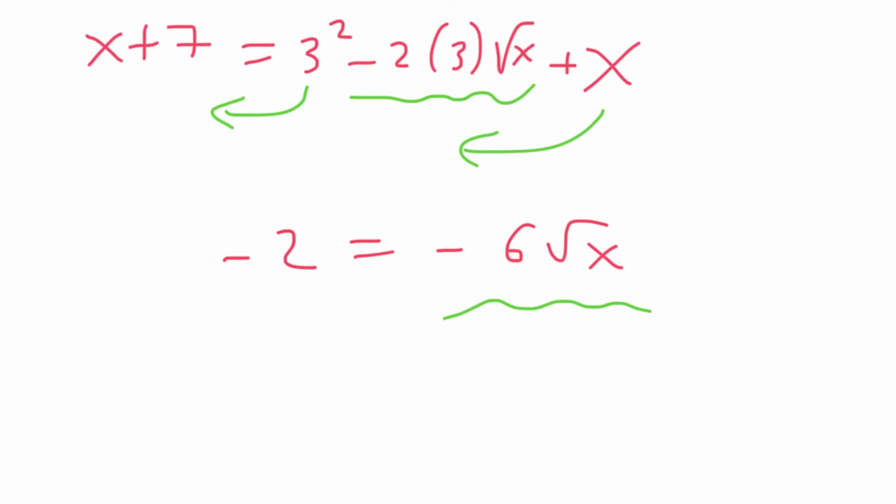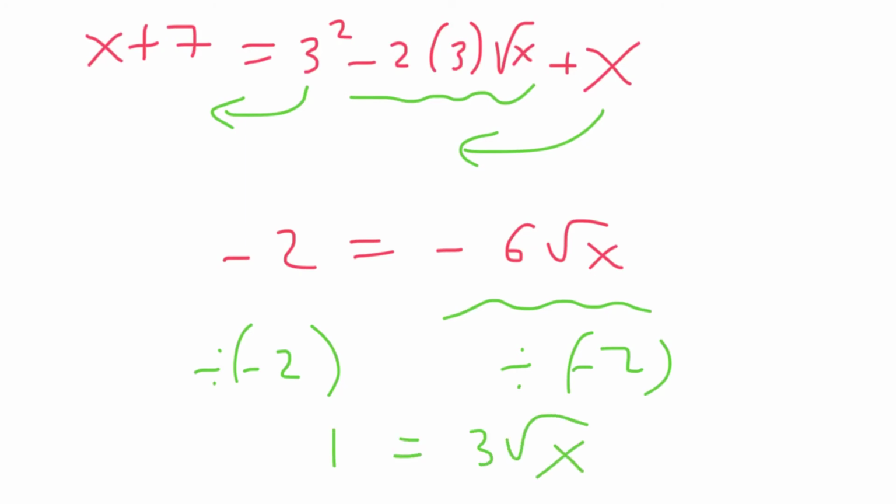Okay? If you want to make it simpler, you can just divide by minus 2 here and divide by minus 2 here. So that becomes just equal to 3 radical x, and it's just 1. Okay? So now you can square both sides.